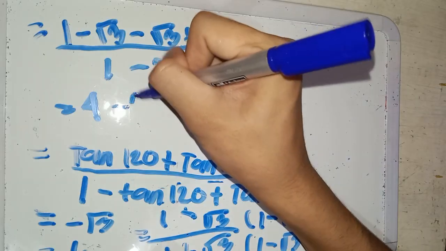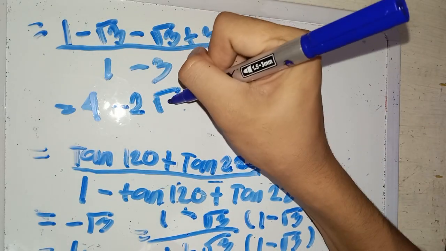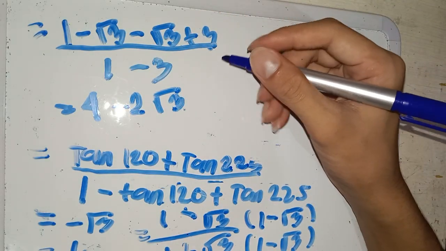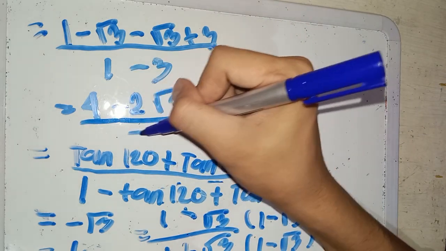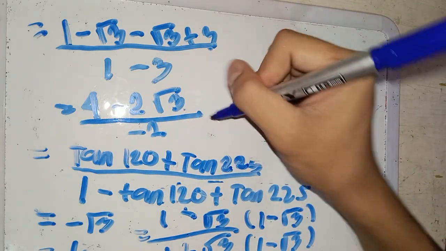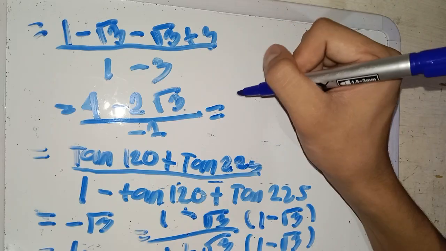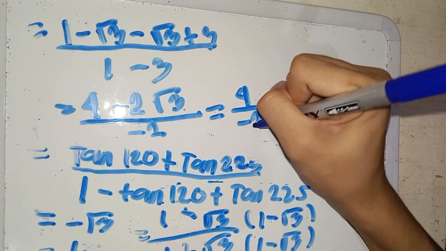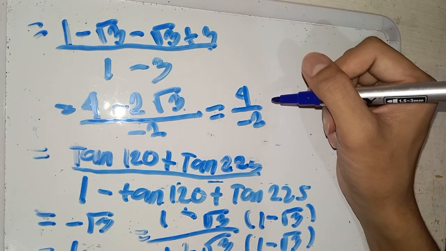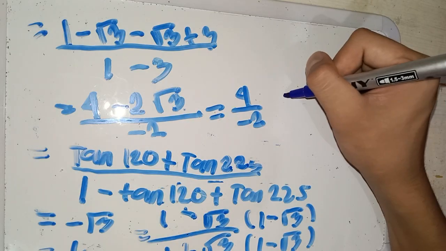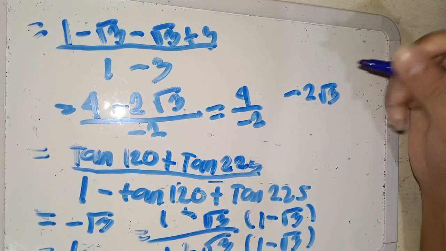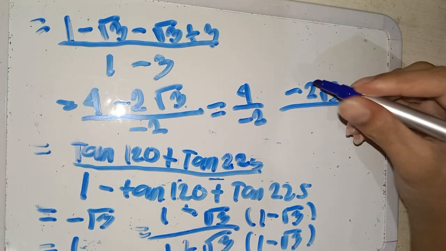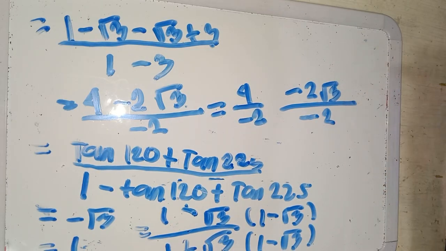So 4 minus 2 root 3 over negative 2. 4 over negative 2 and negative 2 root 3 over negative 2.